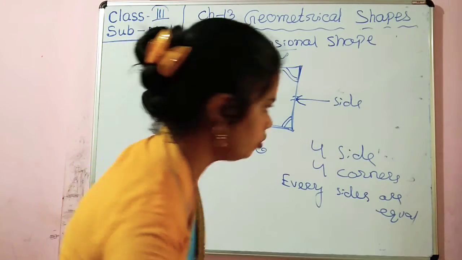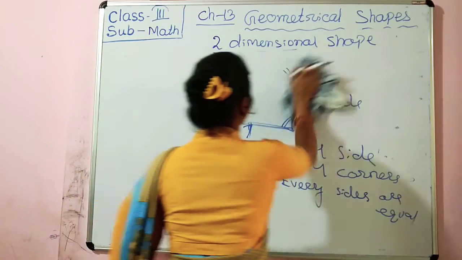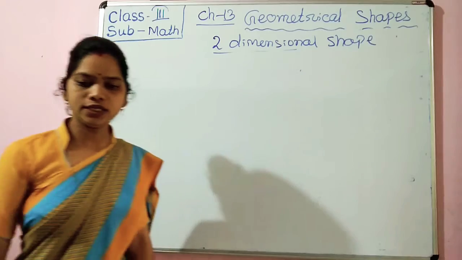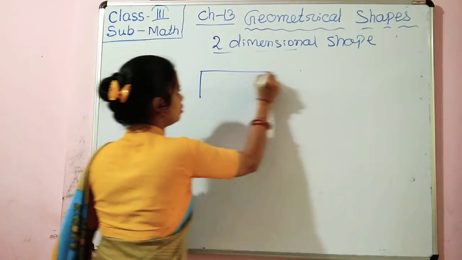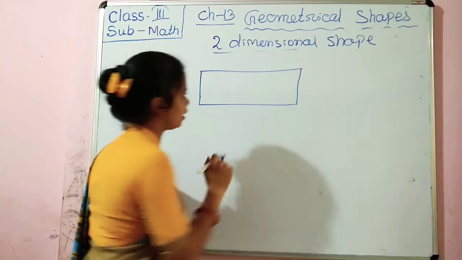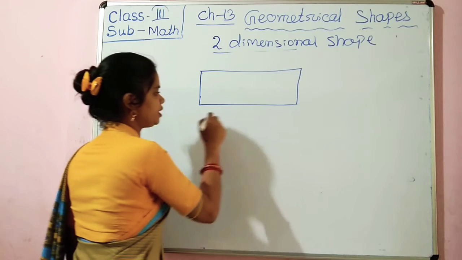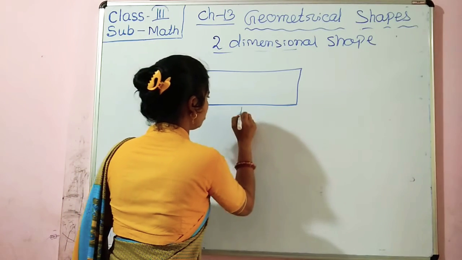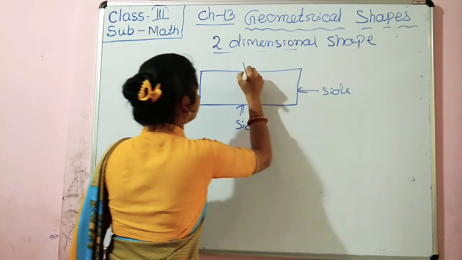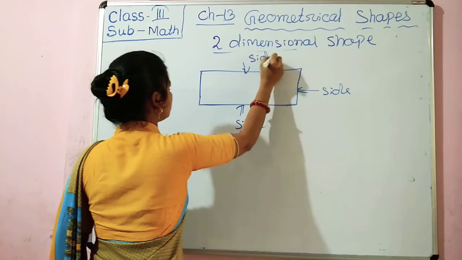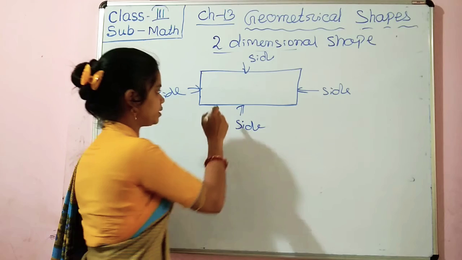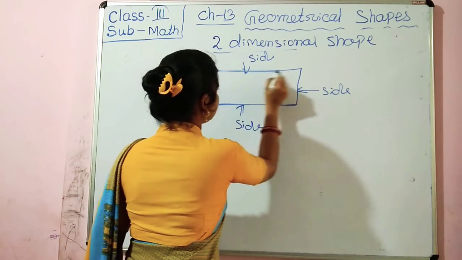Okay, next we learn about the rectangle. Yes children, it is the picture of a rectangle. How many sides? Here it is one side, then 2, here is also 3 and 4. How many sides of the rectangle? 4 sides, and every opposite side is equal.